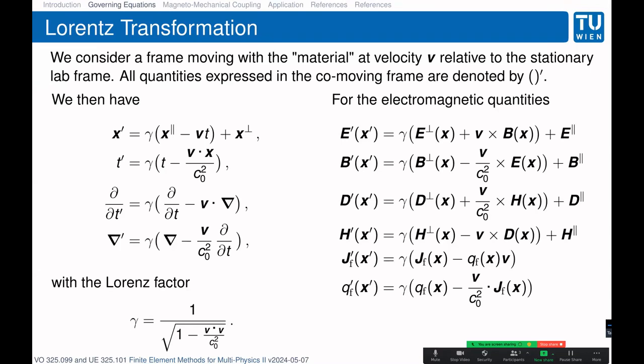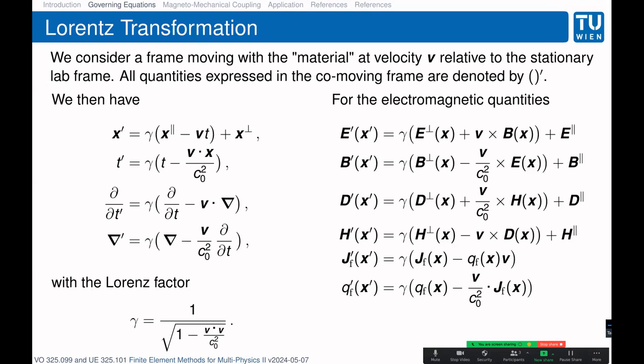You here see the common ratio of the velocity with the speed of light. These transformations get important if you approach the speed of light, which typically in our engineering fields we don't really do. But still, this is the basic governing equation, so to say.